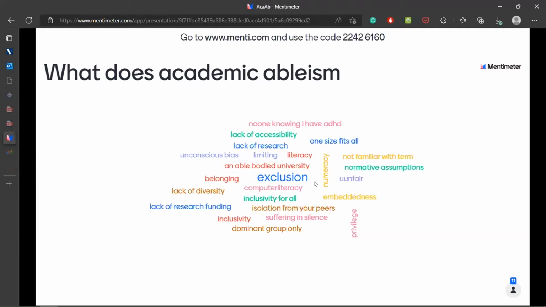Then we also have lack of accessibility, lack of research, unconscious bias, limiting, one size fits all, normative assumptions, unfair. Someone mentioned not familiar with the term, which is great, because come the end of this session, I'm sure you won't be able to say that again.